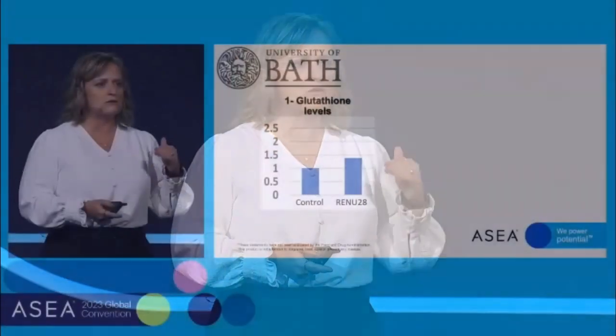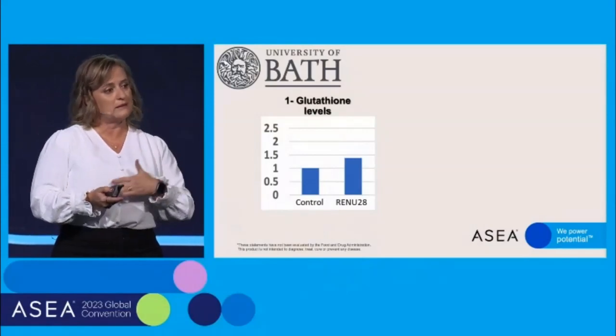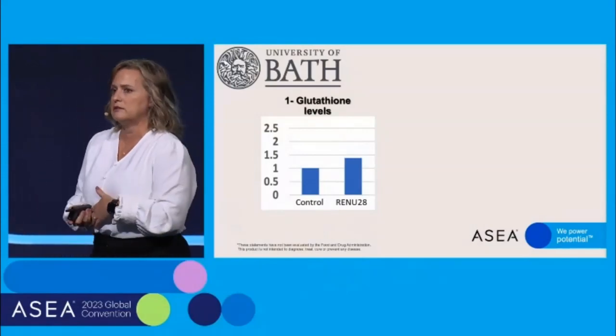In the first experiment, we wanted to evaluate if Renu28 increased the production of glutathione. Glutathione is one of those protective proteins that we just talked about that NRF2 can modulate. So Renu28 was added to skin cell cultures, and the amount of glutathione produced by these cells was measured.